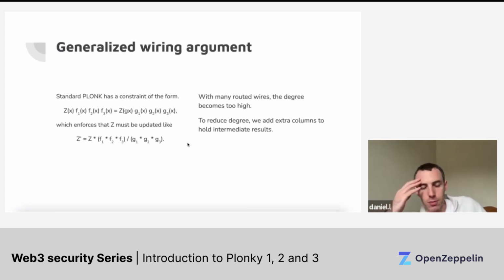And for us, here there's F1, F2, F3, but really we would have all the way up to F135 or even higher, depending on the config. So this would be way too high degree. I won't go into exactly how we deal with this, but basically we just add some extra intermediate columns. In general, when we have a constraint that's too high degree, we usually reduce its degree by adding extra columns, and these extra columns store some intermediate results.